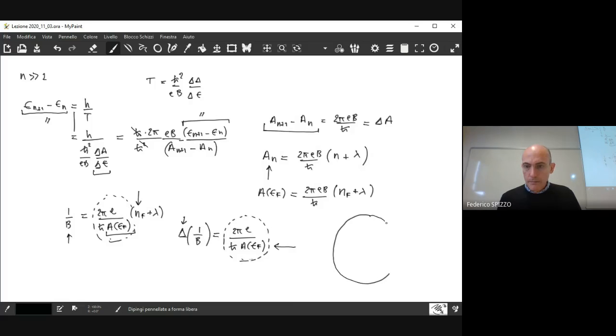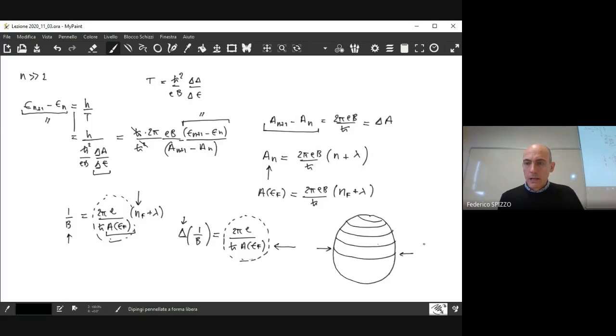If you consider the different intersections, the equatorial intersection is the intersection that corresponds to the maximum area.